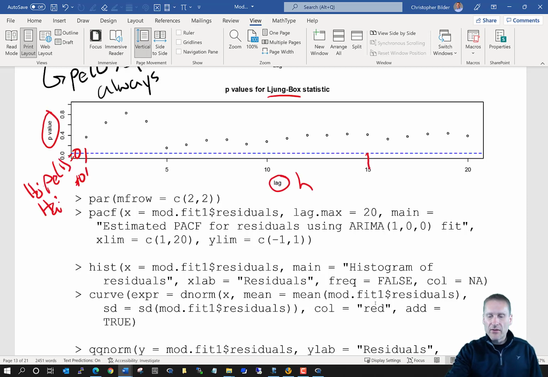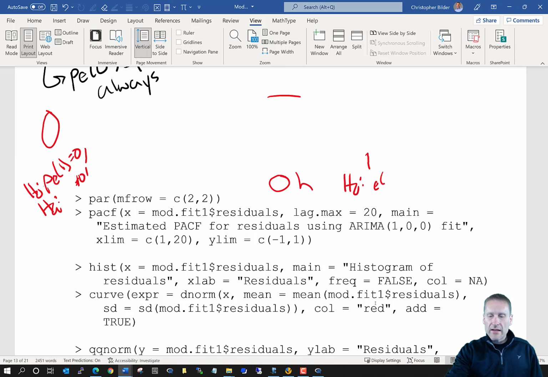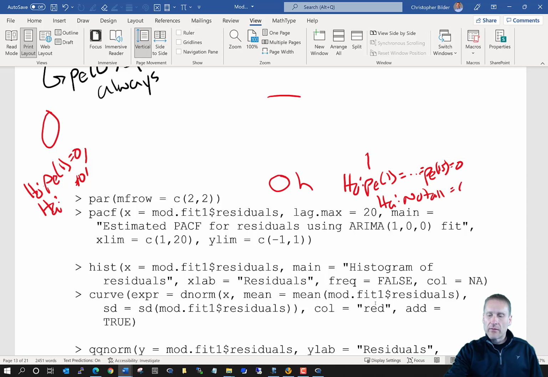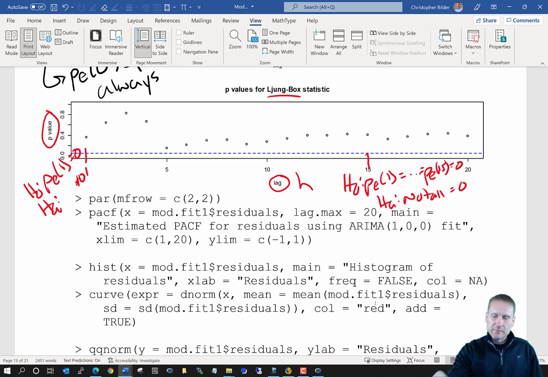Let's take a look at another one. Let's go out to lag 15. What this is representing now is rho sub E of 1 all the way out to 15. So we have the first 15 autocorrelations. We're testing, are they all equal to 0 versus not all equal to 0.